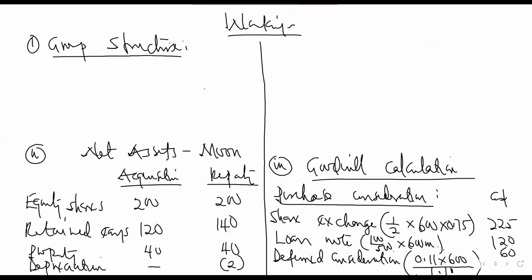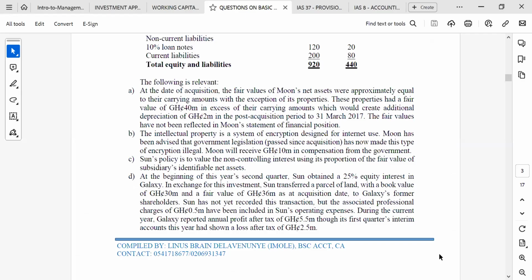We are done with the first part now. Please, if you mix the 40 under the reporting and bring the 38, is it 38 or 2 under acquisition?